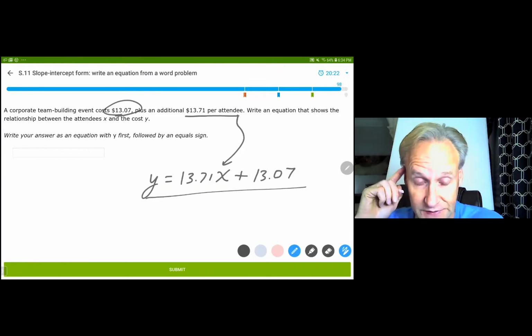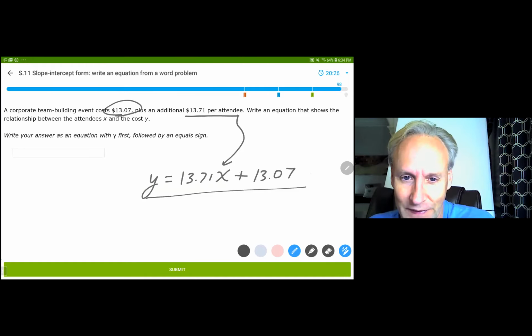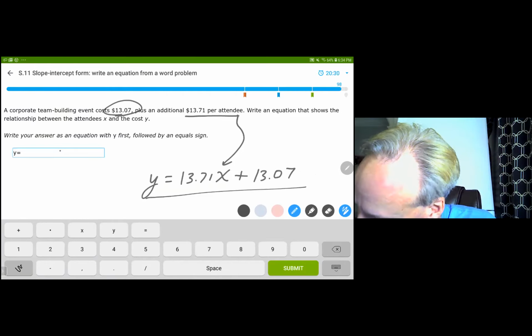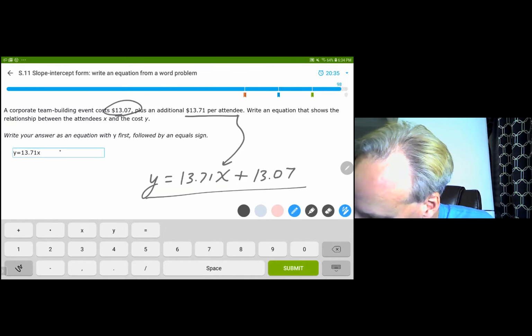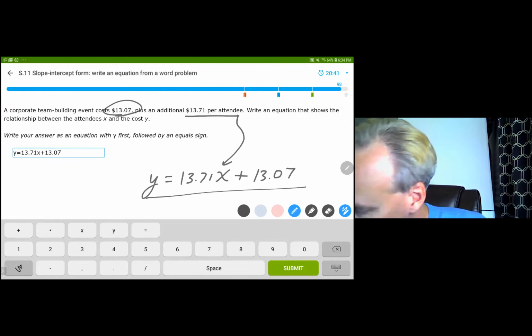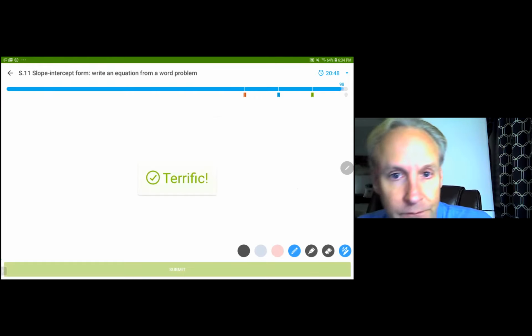It would probably actually be more like $1,300 more than $13, but there you have it. The real world kind of gets in the way of the math sometimes. Make sure I have it in the right order. Yep, that's the slope. That's the y-intercept. Looks like we got it good.